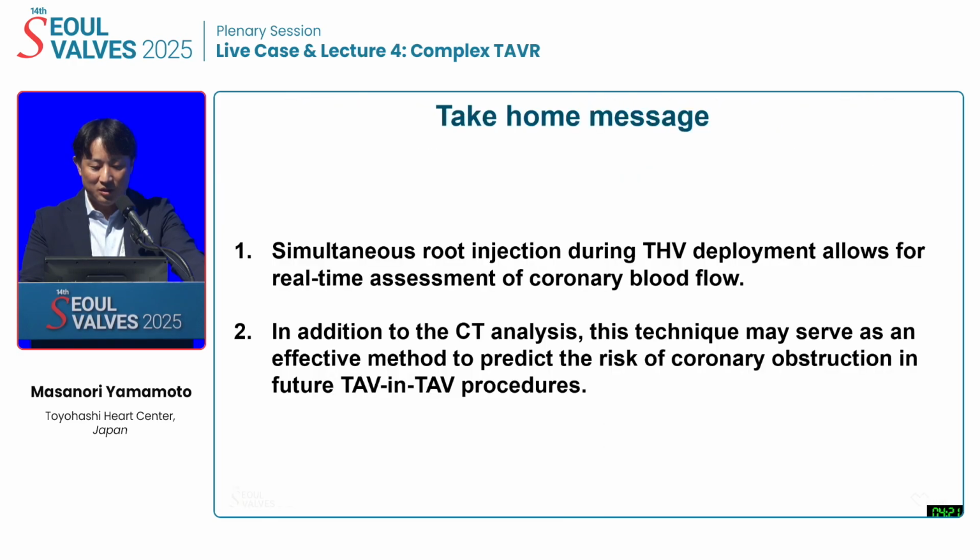So in summary, this is the take-home message: simultaneous root injection during THV deployment allows real-time assessment of coronary blood flow. In addition to the conventional CT analysis, this technique may serve as an effective method to predict the risk of coronary obstruction in future TAVR procedures. Thank you for your kind attention.